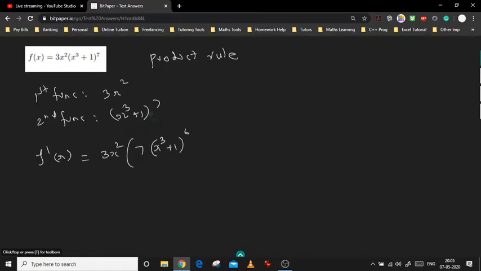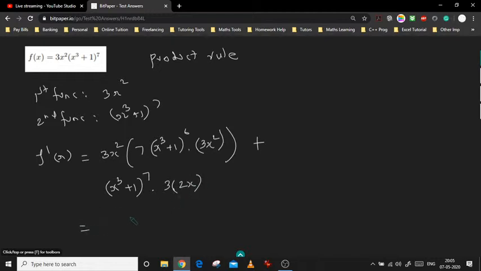So we have to differentiate the x cube plus 1. The differentiation of x cube plus 1 is 3x squared. Okay, so this we did. Now based on the product rule, we have to take the second function, x cube plus 1 power 7, and multiply with the differentiation of the first function. That is, if you differentiate 3x squared, we will get 6x.